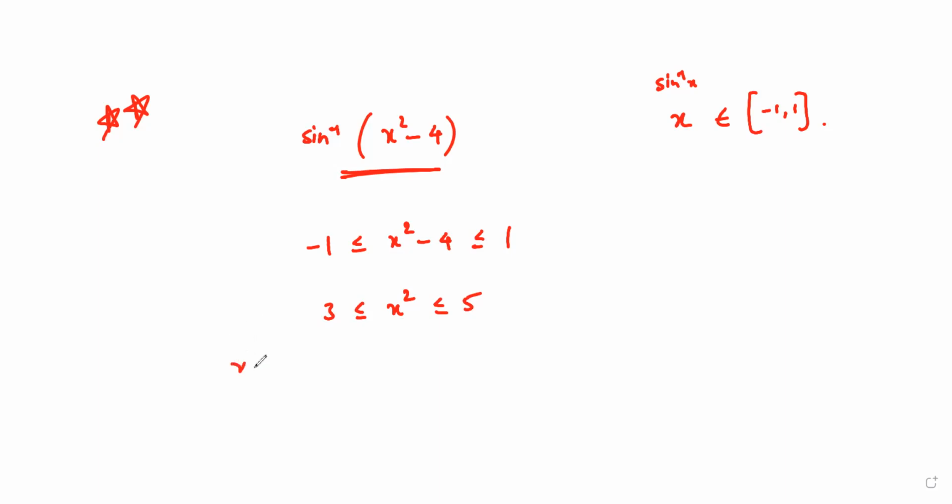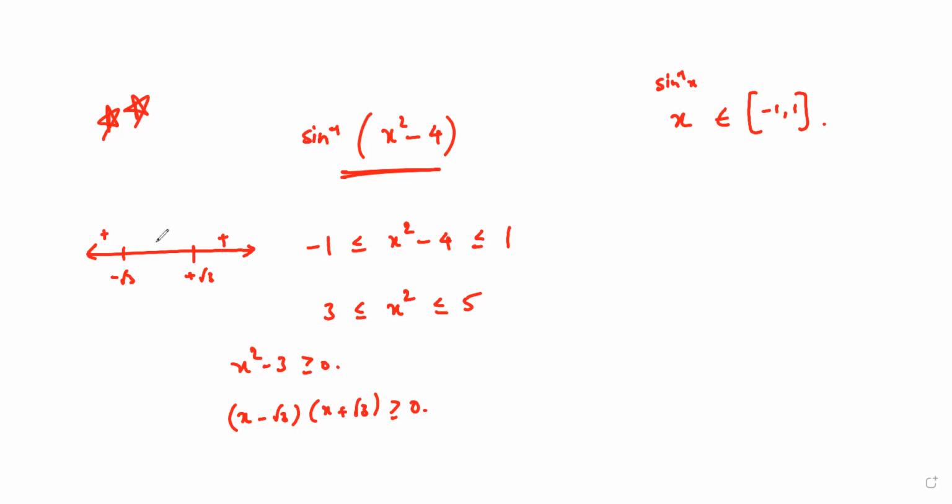X square minus 3 will be greater than or equal to 0. That means x minus root 3 into x plus root 3 is greater than or equal to 0. If I plot this, minus root 3 and plus root 3, it will be positive outside, and negative in between.